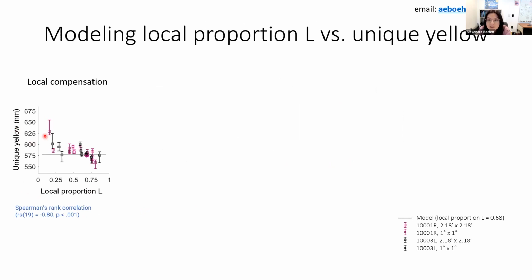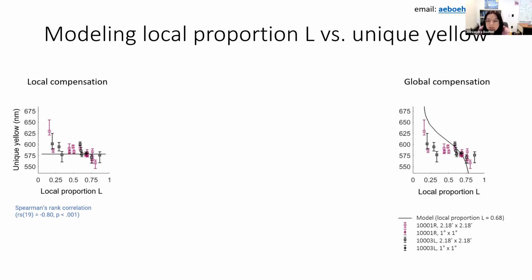The error bars here are 95% confidence intervals on the psychometric fit parameters. From this figure, we can see immediately that the data do deviate significantly from the local compensation hypothesis. Instead, we see that the variation in unique yellow does appear to be dependent on the local spectral neighborhood.